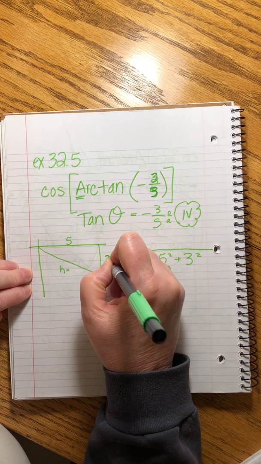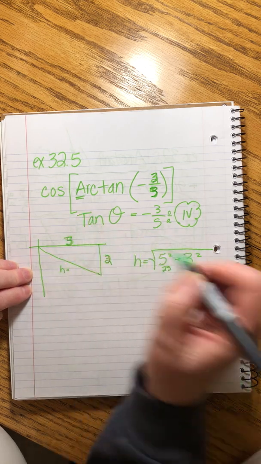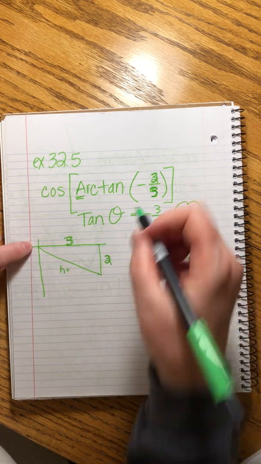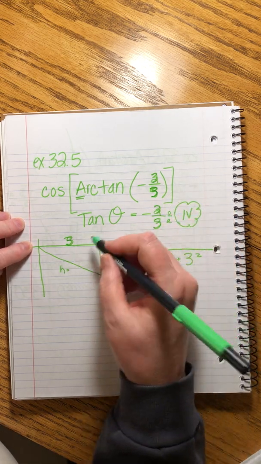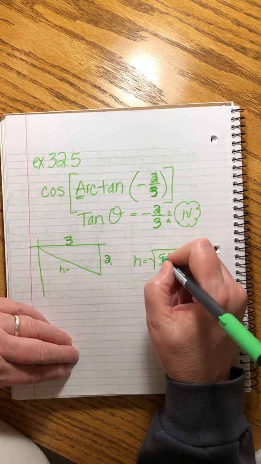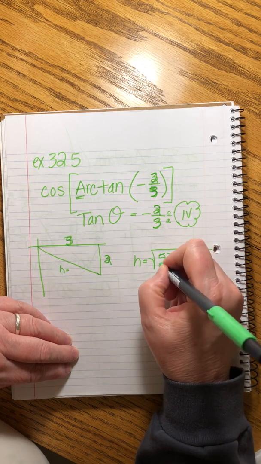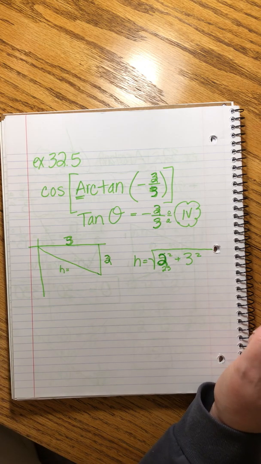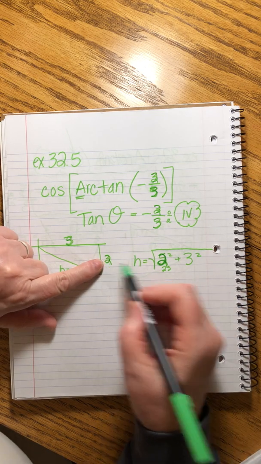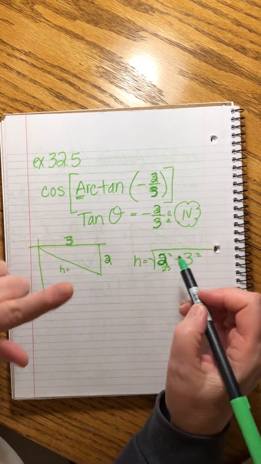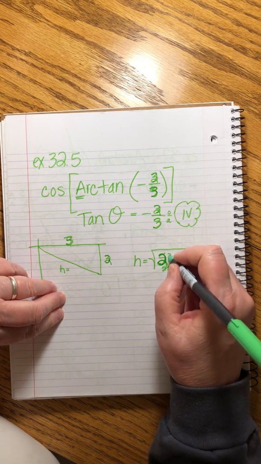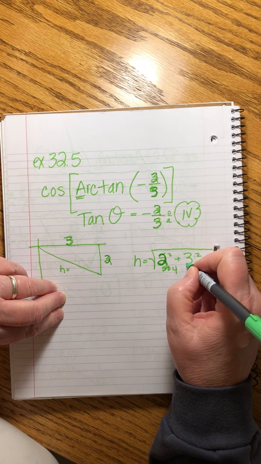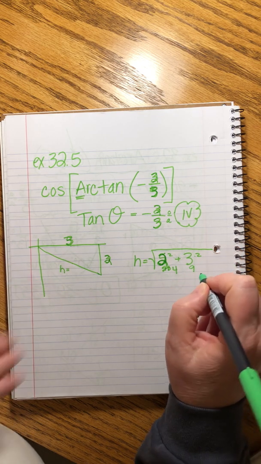Let's double check and make sure that's right. 2 is the opposite side, 3 is the adjacent. Sorry, I just copied the problem wrong. Okay, so 2 squared, 3 squared, add them up, take the square root. 2 squared is 4, 3 squared is 9.